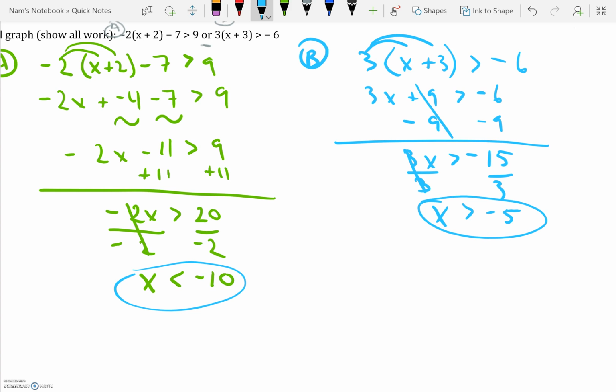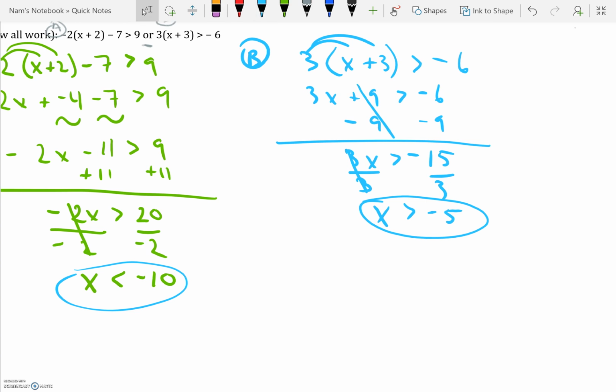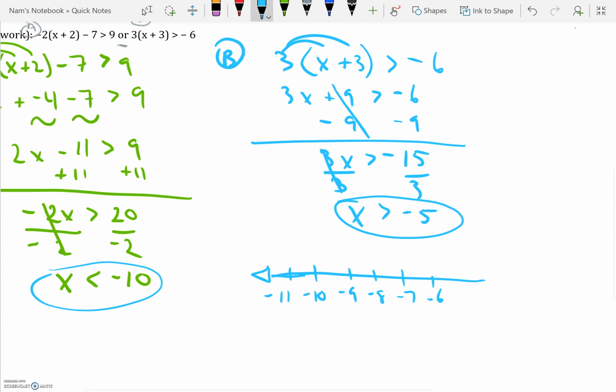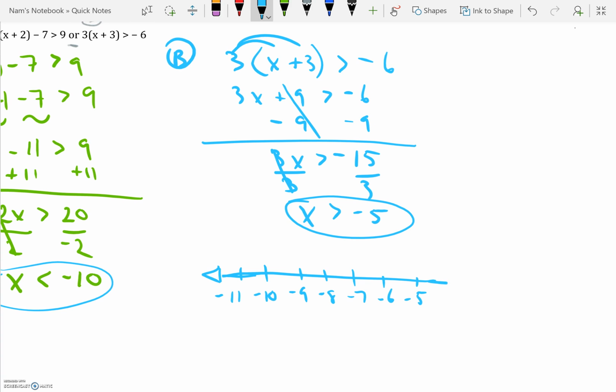What do we notice? We have all of the numbers that are less than negative 10, so x is less than negative 10, and the second one, all the numbers that are greater than negative 5. Both my solutions deal with negatives, so I'm just going to throw it on a number line. I'm going to go negative 11, negative 10, negative 9, negative 8, negative 7, negative 6, negative 5, negative 4, and negative 3.